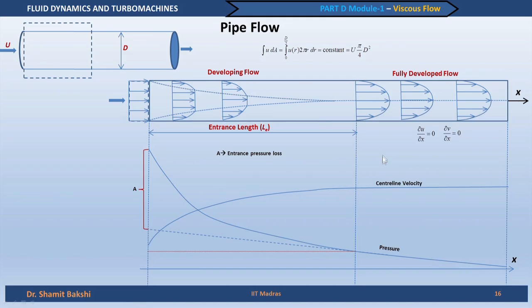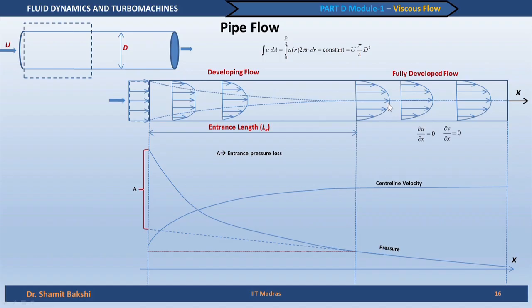So far we are discussing only laminar flow, because the velocity profile changes gradually from the wall towards the maximum velocity at the center. In the case of turbulent flow, the velocity profile will be quite different. It will change rapidly near the wall and then almost remain constant, so it will be a flat profile.